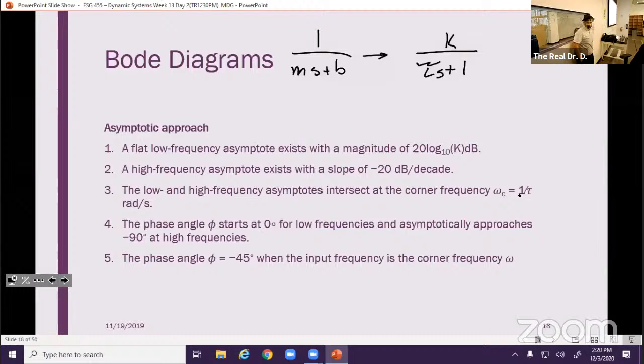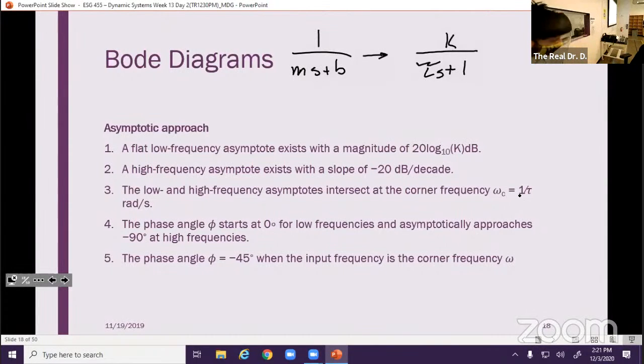K is just the DC gain, really. The system gain, it's the DC gain, whatever you want to call that. So we have a low frequency asymptote that happens at the DC gain.